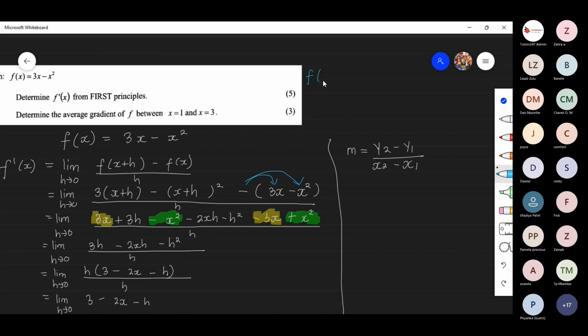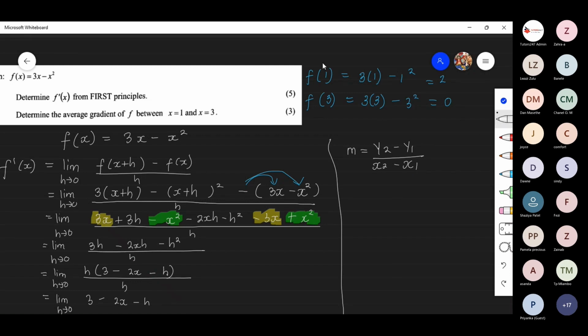So that is going to be f of 1 equals 3 times 1 minus 1 squared, and that'll then give us 2. We then have f of 3 equals 3 into 3 minus 3 squared, and that is then going to give us 0. So we now have the corresponding y values to our x values.